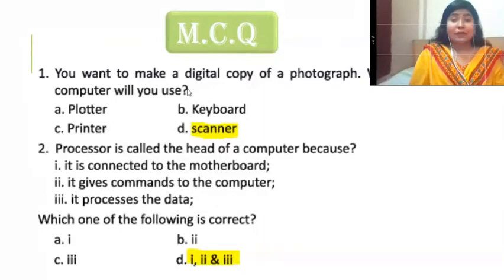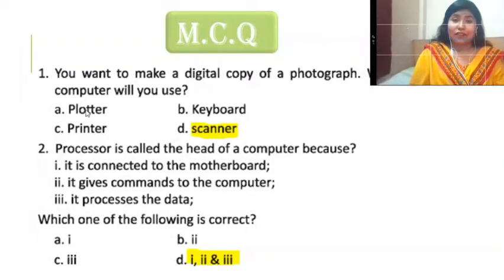That means, my dear students, if you want to make a digital copy of a photograph, then which device of the computer will you use? A. Plotter. B. Keyboard. C. Printer. D. Scanner. So now let's see which one is the correct answer.